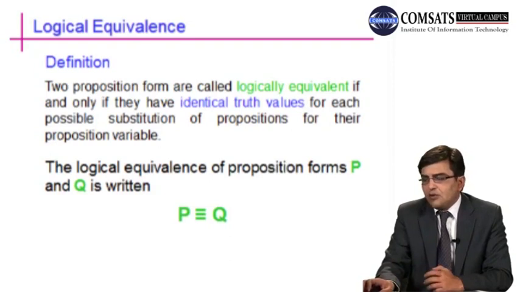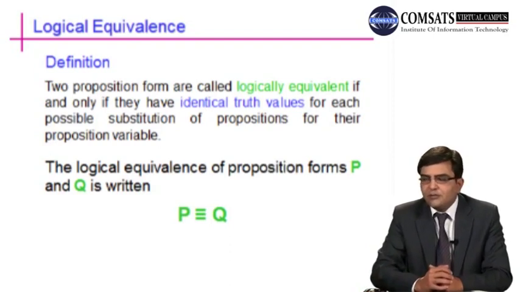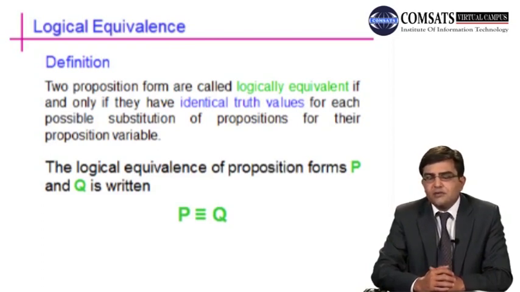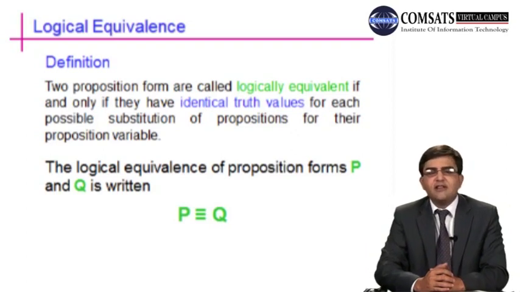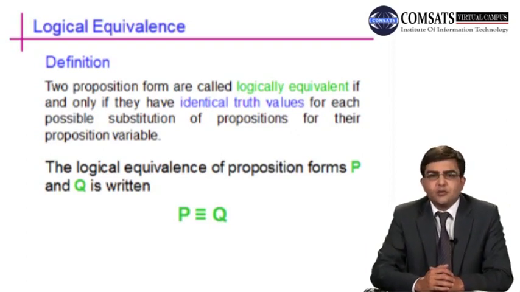Before giving some examples, I'll show you how to construct or prove logical equivalence between two propositions or compound propositions. There are two methods by which we can show the logical equivalence between two propositions.